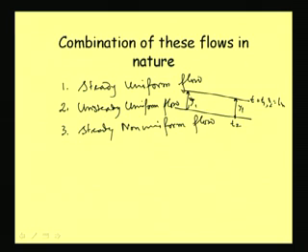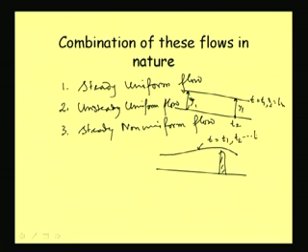I have already given one example: suppose you have a barrier here, then the flow is rising like this and this is a non-uniform flow, and this is remaining like this for any time, at t equal to say t1, t2, any time tn, this is not changing. So as such it is steady, but it is changing with space. Here it is y1, here it is y2. So it is called steady non-uniform flow.